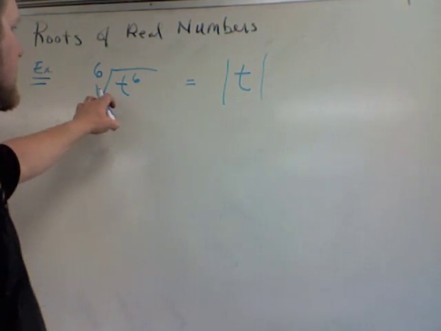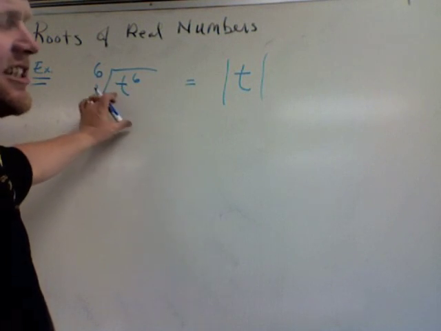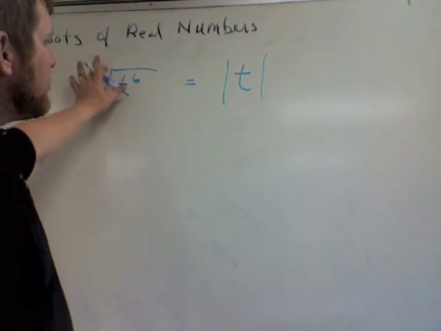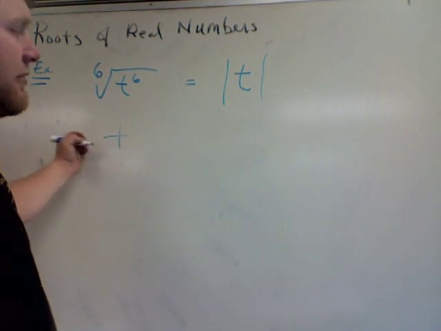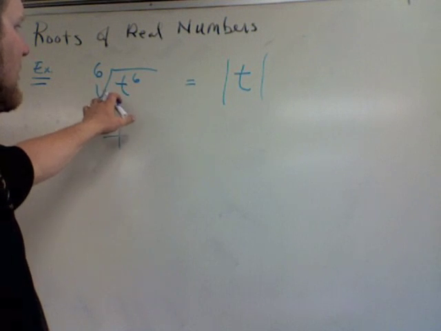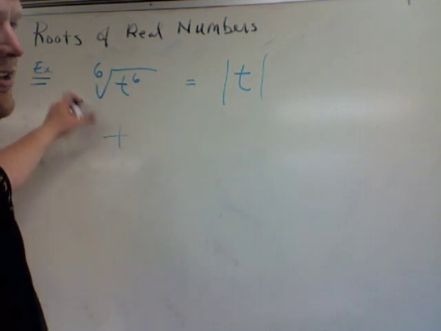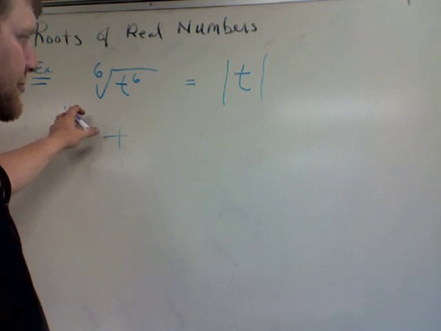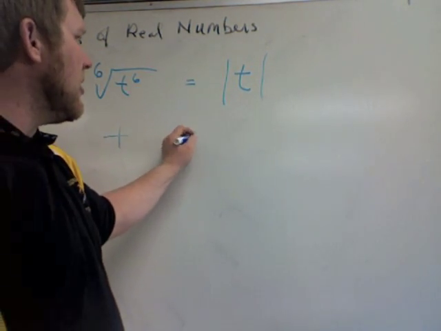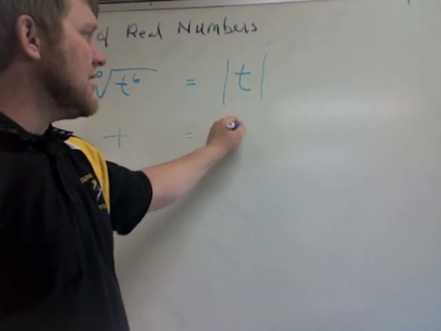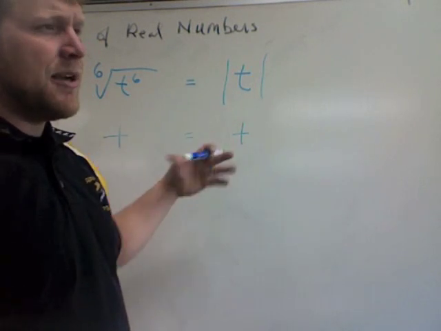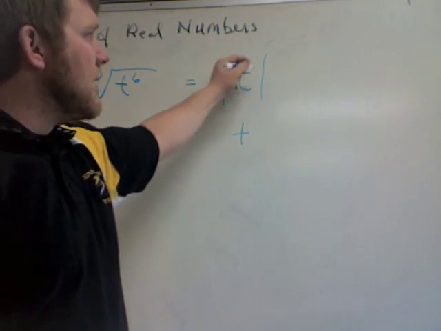Because if you plug any number in for t in this expression, your result would always be positive. Even if you plug a negative number in, it'll always be positive. So you need to understand that this result needs to always be positive too. To ensure that, we include the absolute value symbols.